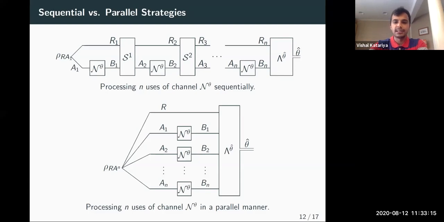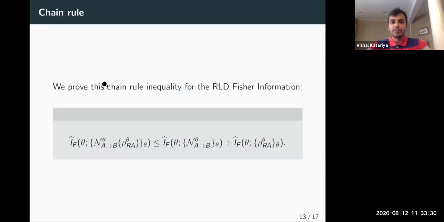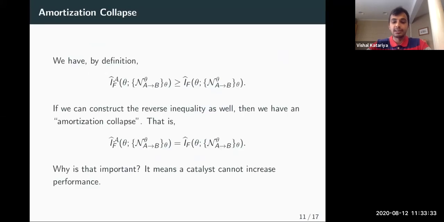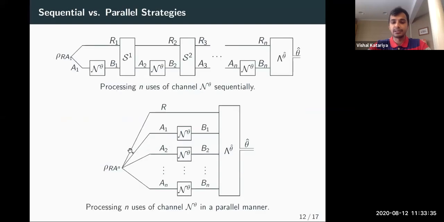Here you can see that it's all simultaneous, and the output of each channel isn't used adaptively to feed the input to the next channel, which is what's being done over here. So amortization collapse implies that sequential strategies are completely equivalent to parallel ones, and we can focus on this probably simpler to implement experimentally strategy than the sequential one.